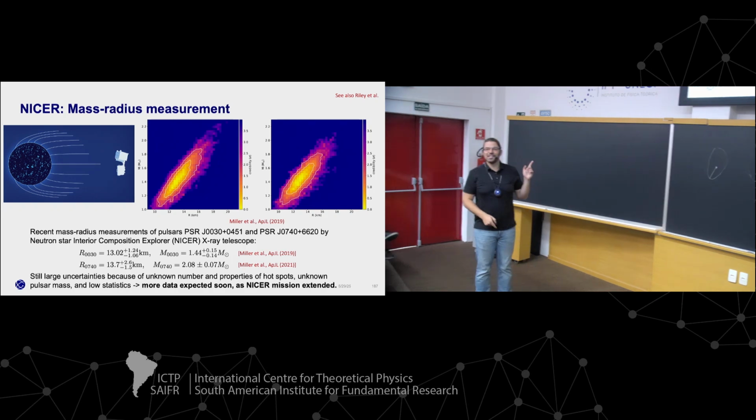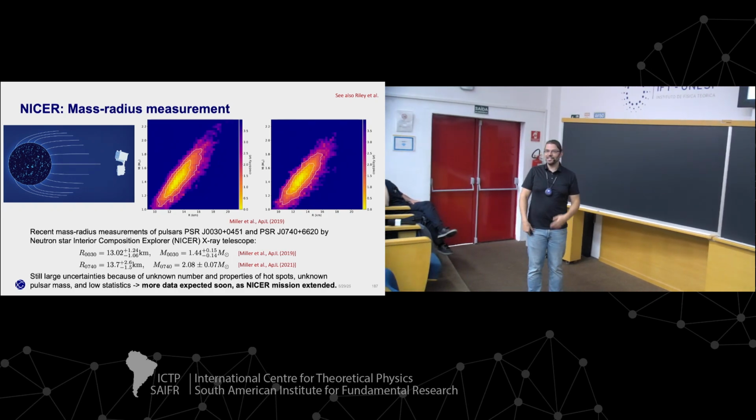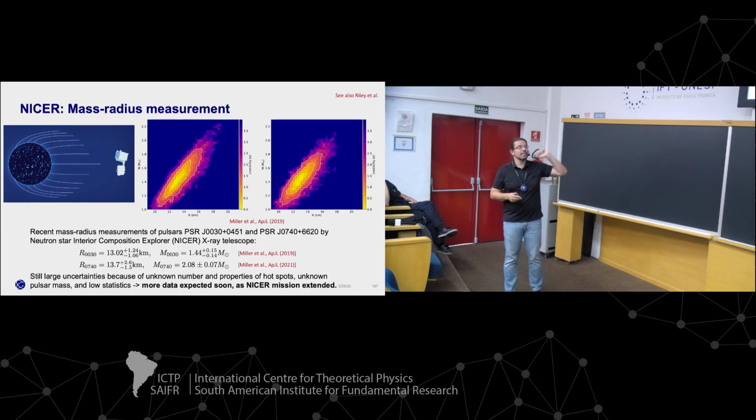But now the cool thing is neutron stars are so compact that if they are very small, you see light bending again from the back side of the neutron star. So if you have a small neutron star and your hotspot goes to the back, you still see it. And if you have a large neutron star, you don't have that much light bending and your hotspot really goes away. So if you measure the X-ray flux as a function of time and you model the emission and whatnot, you can estimate how compact this neutron star has to be to give you enough light bending that you actually see the backside.